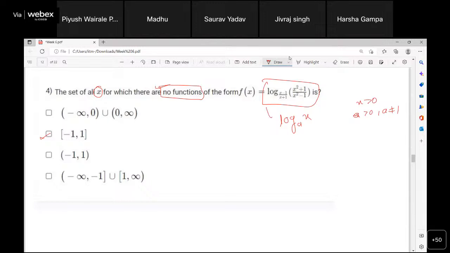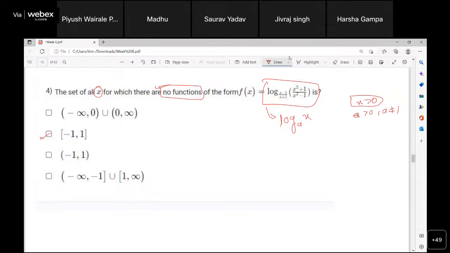You can compare with the general term log of x to the base a, where x should be greater than 0 and my base should be greater than 0 but not equal to 1. Now just compare it with this. By taking the intersection of both values, we came across -1 to 1, including -1 to 1.